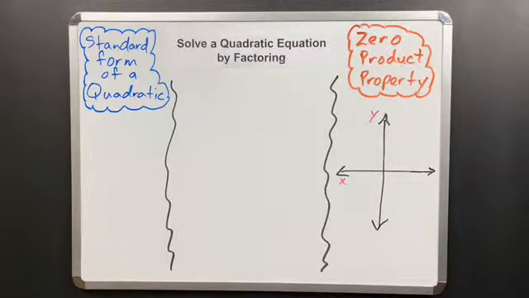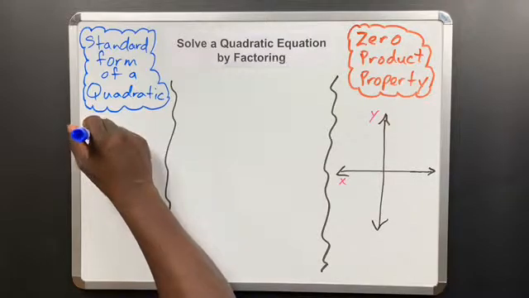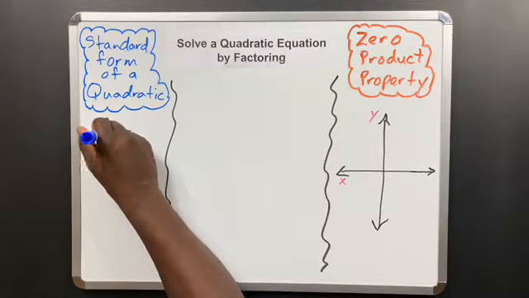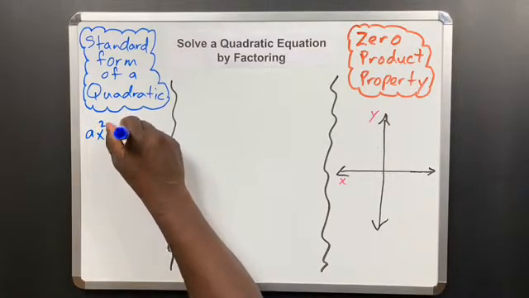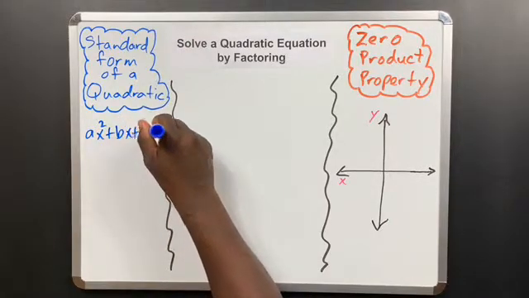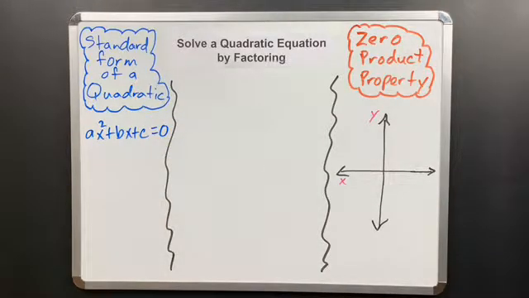So let's go ahead and start with what constitutes the standard form of a quadratic. Standard form of a quadratic can be written as a times x squared plus b times x plus c, and we're going to set that equal to 0. Okay?